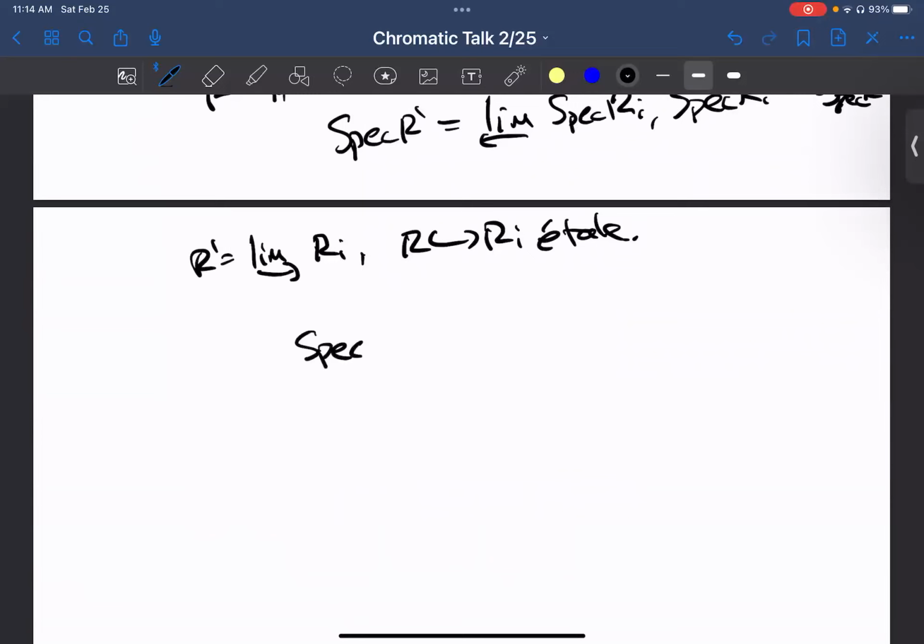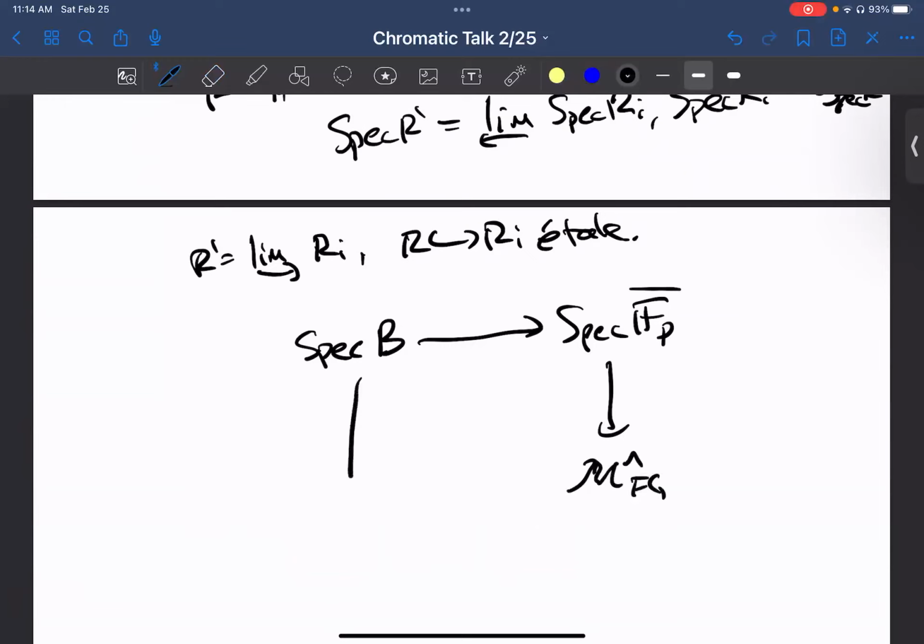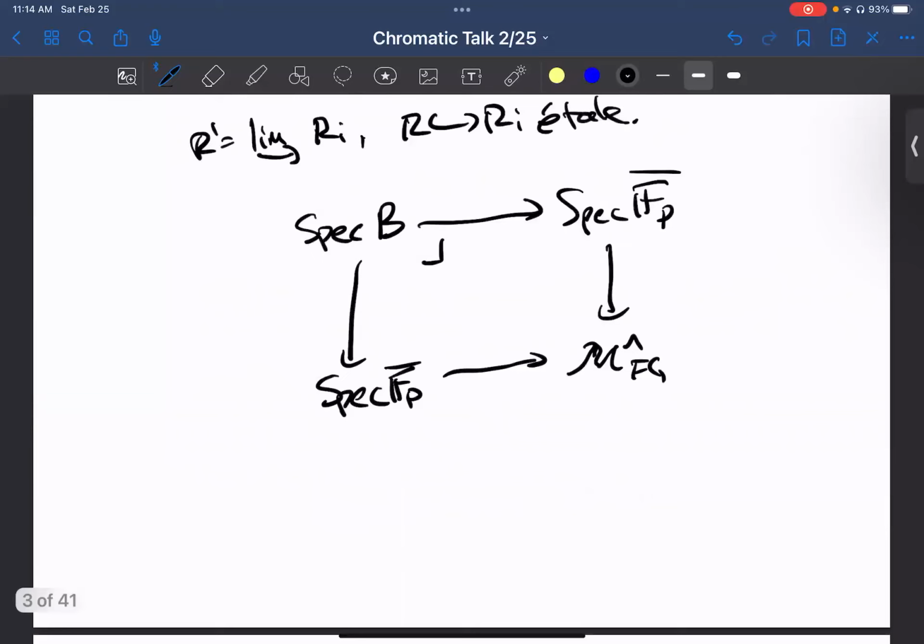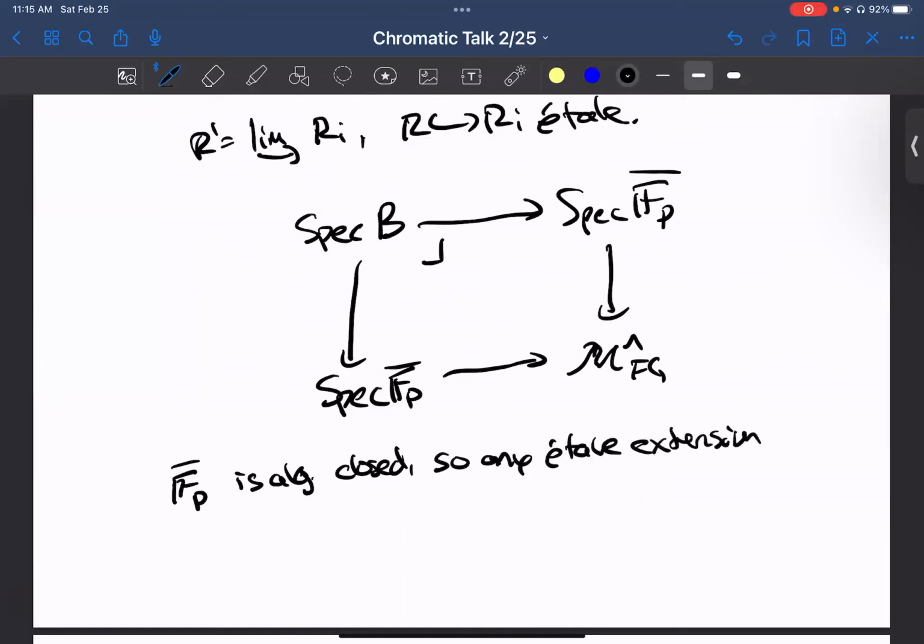So we can do this in particular with R equals FP bar, and we're going to get a diagram of this form. Now, FP bar is algebraically closed, so any étale extension is a finite coproduct of copies of spec FP bar.